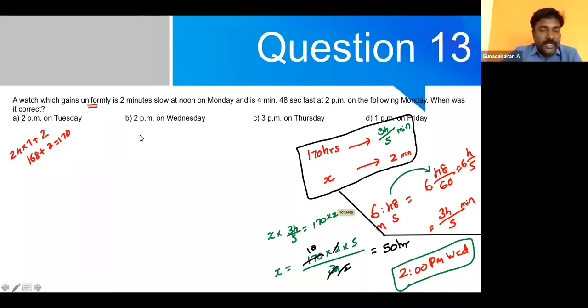No, not from 11:58, from 12 o'clock. 12 noon only, right? This 50 hours is right clock time, not the wrong clock time. This is the right clock.